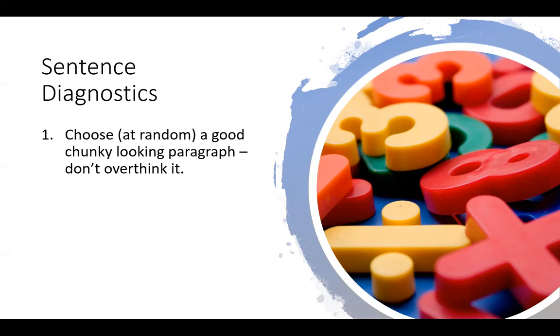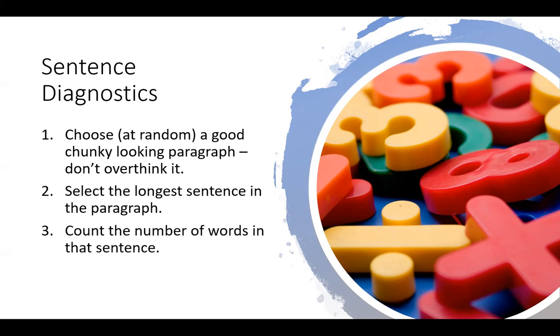But just choose at random a good chunky looking paragraph. Don't overthink it. Don't worry about if it's the longest paragraph or not. And then within that paragraph, select the longest sentence. So again, you don't need to count the words. Just look through that paragraph and find a sentence that seems long. And then once you've done that, I want you to count the number of words in the sentence.